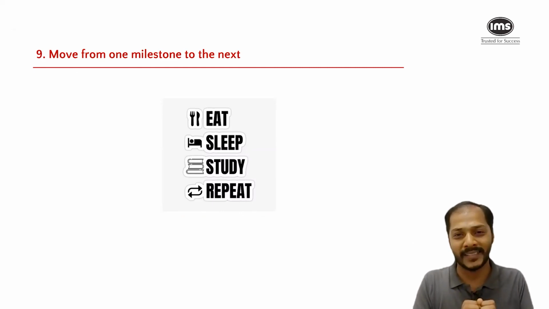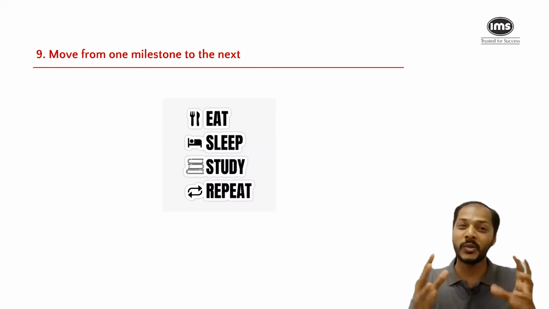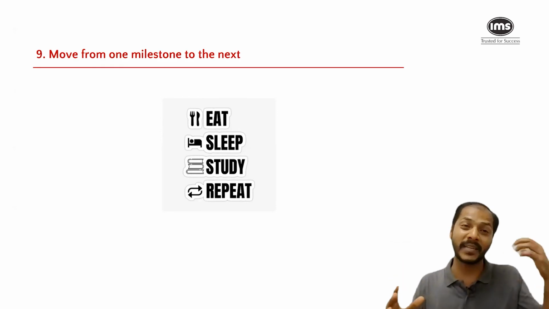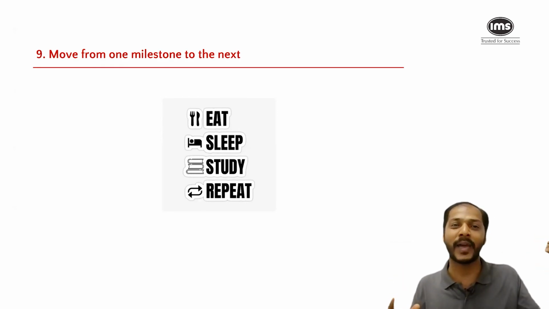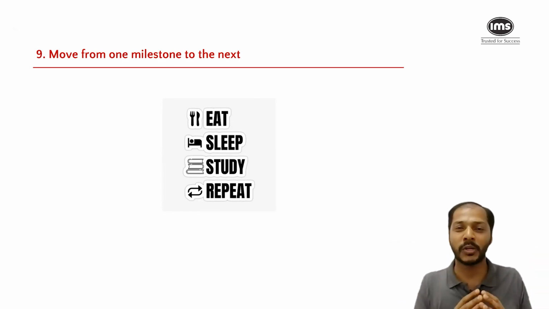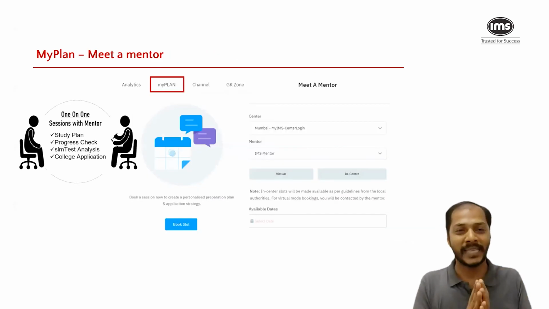But the best part here is at IMS, once you make a schedule of your own, especially the first template where you identify how many hours of IMS prep you'll do, how many hours of boards preparation will you do and such things, you need to discuss the same with a mentor in a one-to-one session.